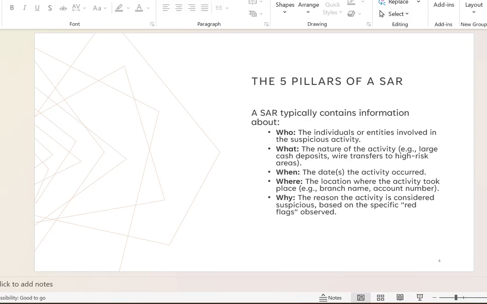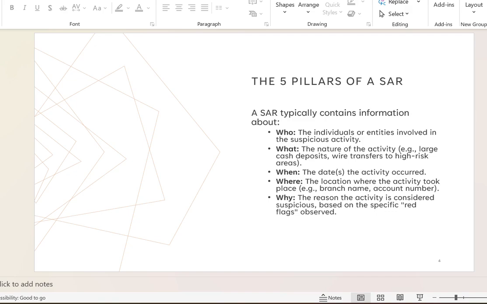The individuals and entities involved in the suspicious activities, the beneficiaries, the individual persons involved in that suspicious activity, or whom the compliance scheme of that financial institution identified as suspicious. So who are the persons or entities involved, that we should capture in the who.